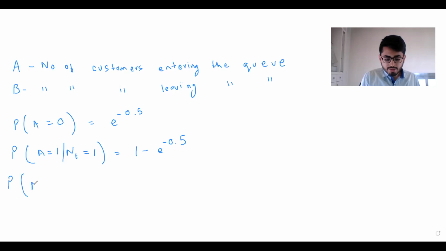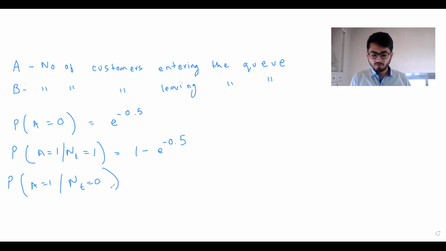Now probability A equal to 1 given NT equal to 0. At the beginning of the day, just before the beginning of the day, there were 0 customers in the queue. So now 0 customers could join that day, 1 could join or 2 could join. So the probability of 1 joining will be defined by using the probability distribution of a Poisson random variable, which will come out to be 0.5 e to the power minus 0.5.